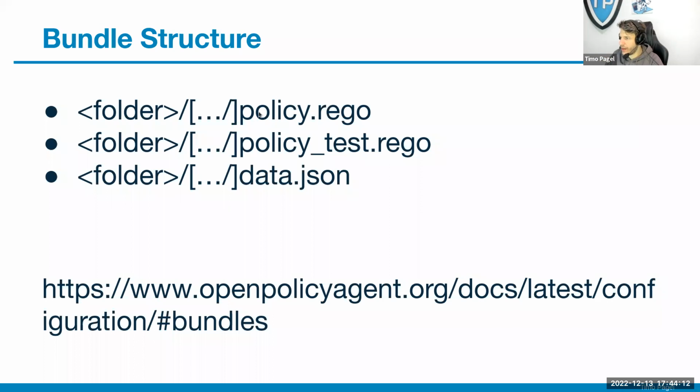In those subfolders you have a policy.rego file in which you have your policy configuration, a policy_test.rego file with the tests for that policy, and a data.json in which you provide all the data which the policy needs to perform the decision.